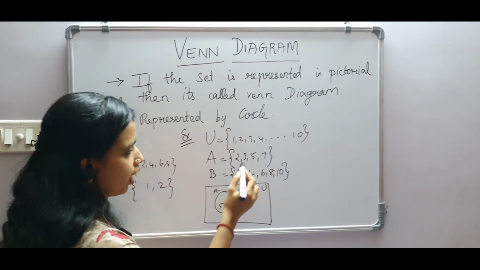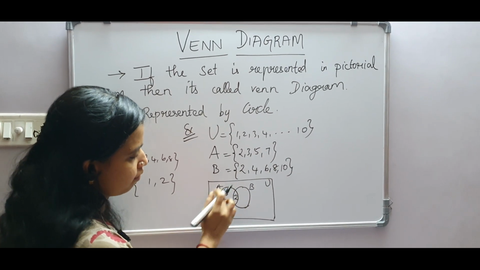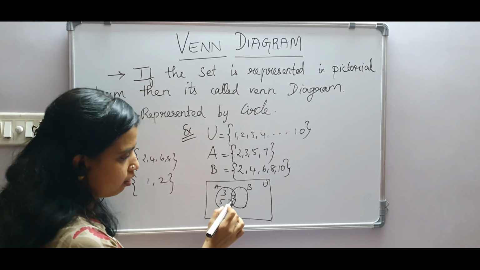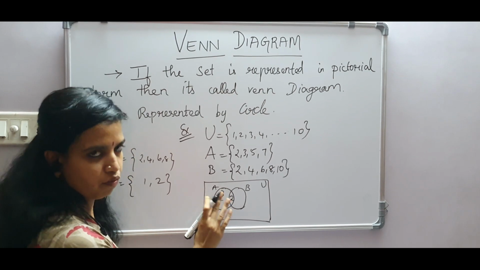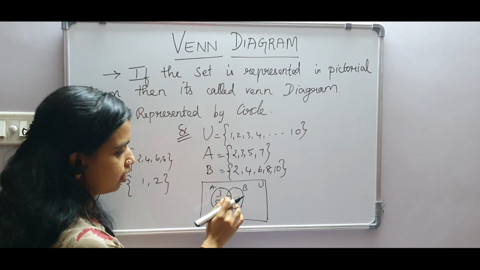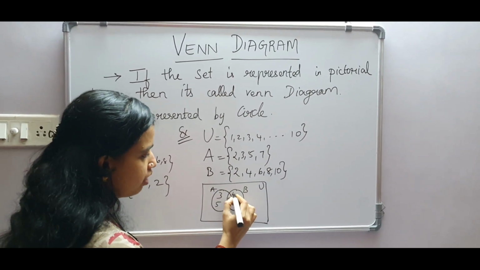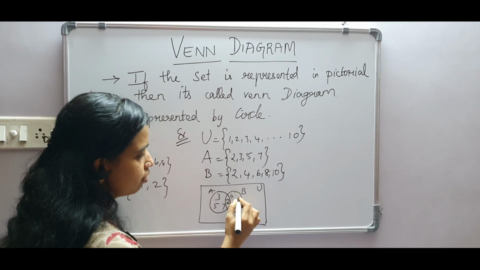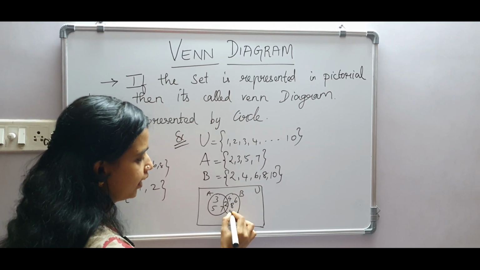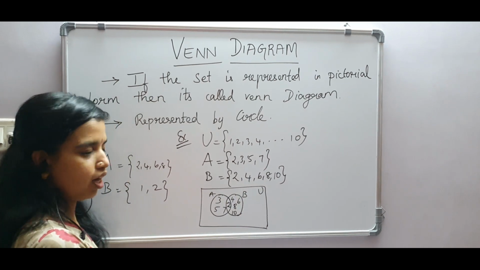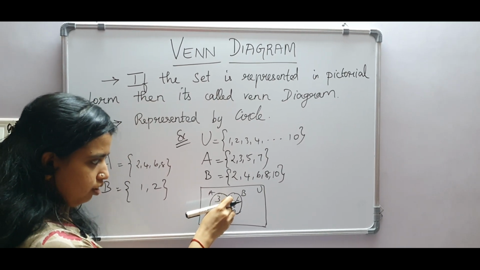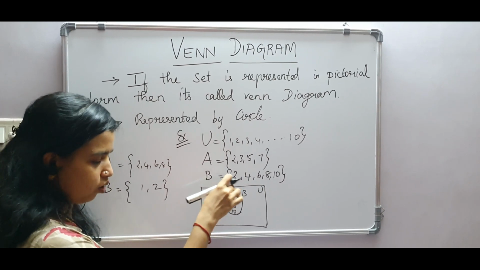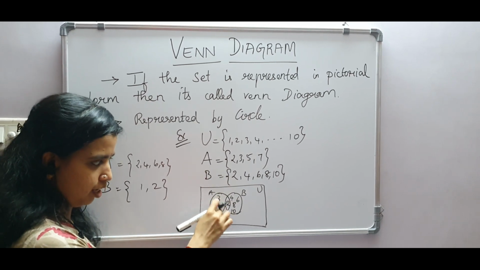The other elements, 3, 5 and 7, we have in A. So A has 2, 3, 5, 7, four elements. In B, 2 is already represented, so just write 4, 6, 8 and 10. These are the B elements. The element 2 is in A and also in B, that's why we represent it in between these.